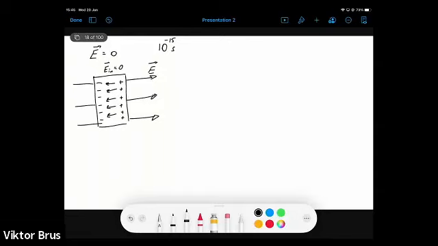This is the physics behind what is happening in the metal when we place it in an external electric field.